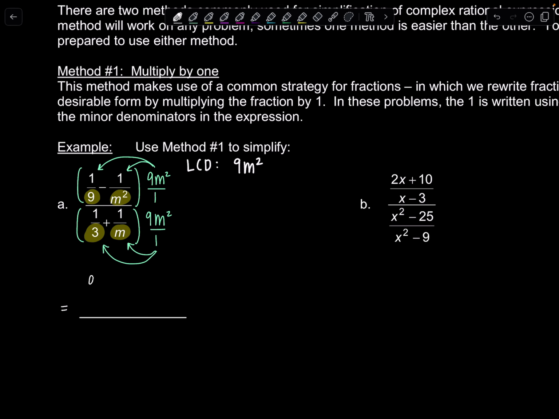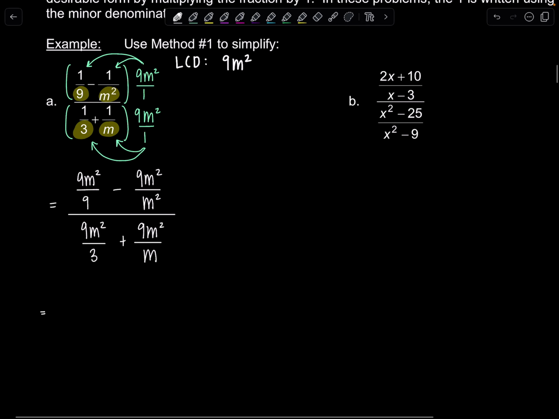In the numerator, we're going to have 9m squared over 9 minus 9m squared over m squared. And then in the denominator, I'm going to have 9m squared over 3 plus 9m squared over m. Are we okay? All right, good. Now cancel, simplify each of those 4 terms.